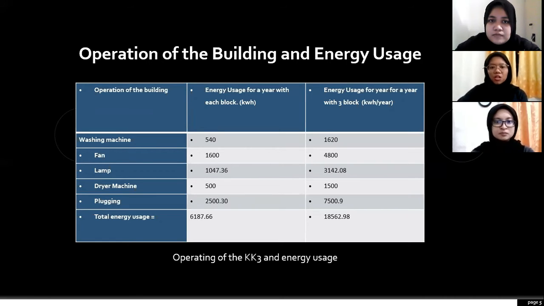The total energy used for a year with each block is 6,187.966 and for the energy used for a year with 3 blocks is 18,562.98 total energy use. Okay, next.